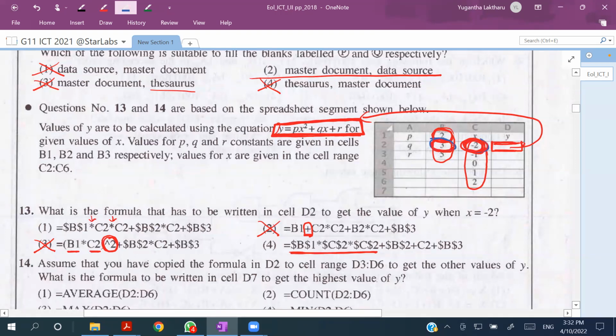Here they got $B2 into C2, which is correct. Here they have made a mistake: $B2 plus C2. Because of that, this is also incorrect. So the correct answer can be taken as the first one. Is that clear to you, people?